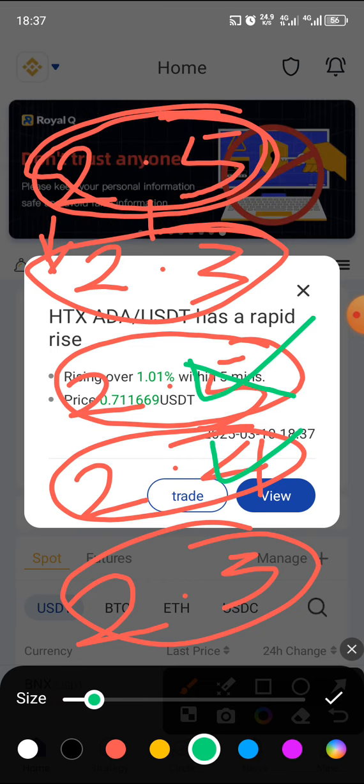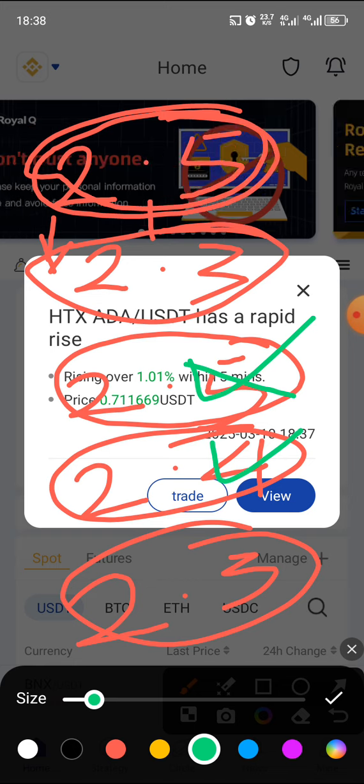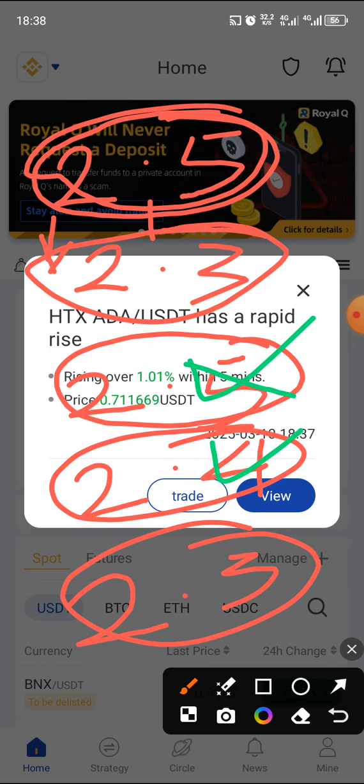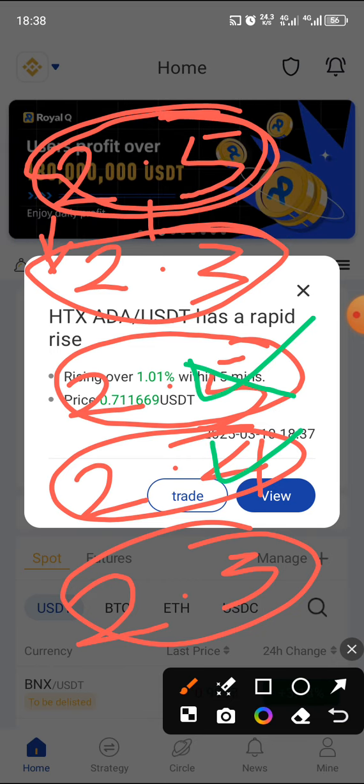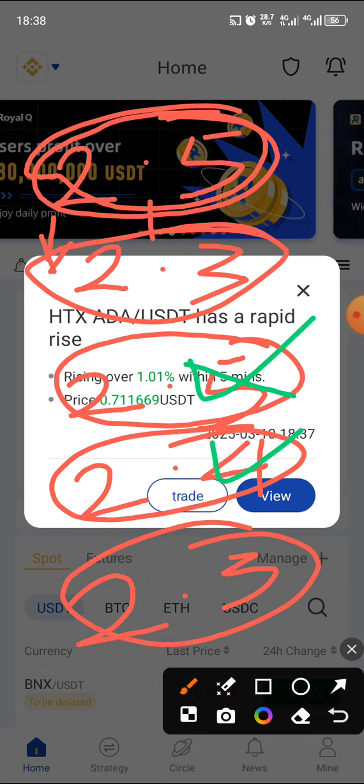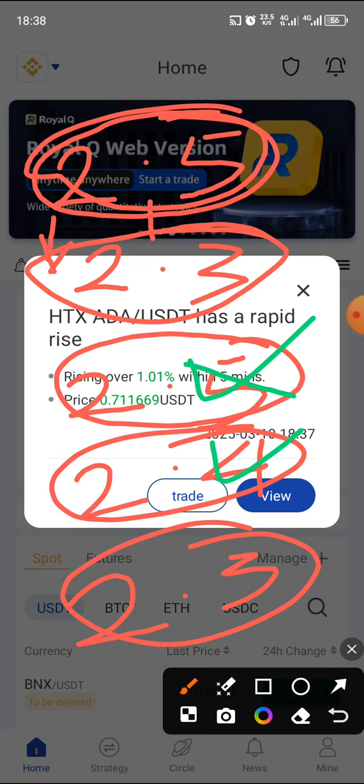So am I talking to someone right now? It will be the 2.4. It is the closer price to our current price. So how are you going to pull your average price closer to the current price? Through your settings.